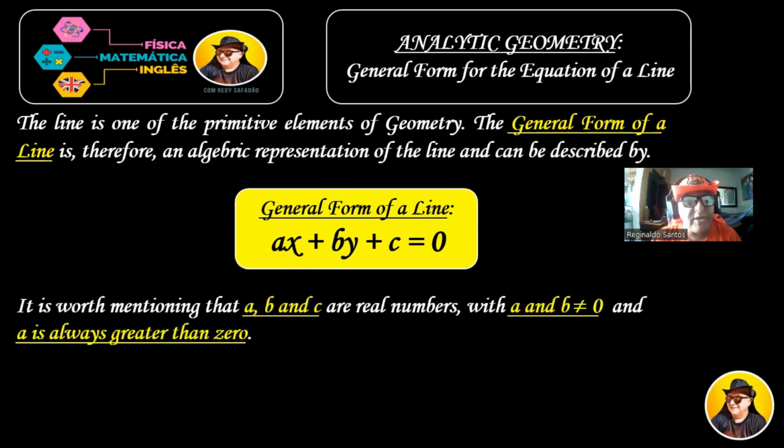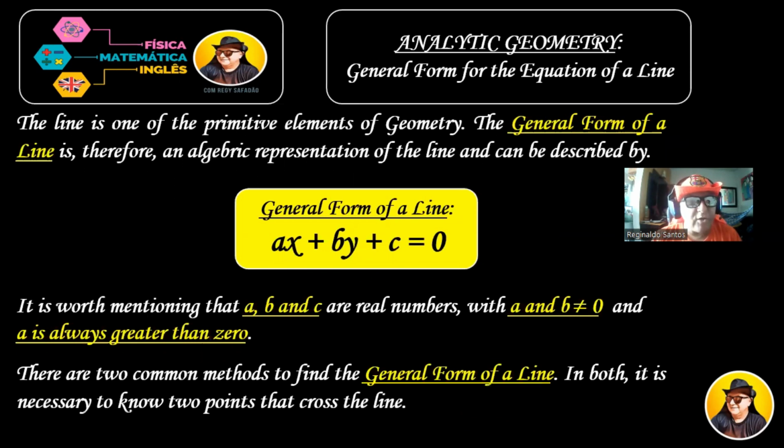It is worth mentioning that A, B, and C are real numbers with A and B unequal to 0, and A is always greater than 0. So don't forget, A cannot be negative.